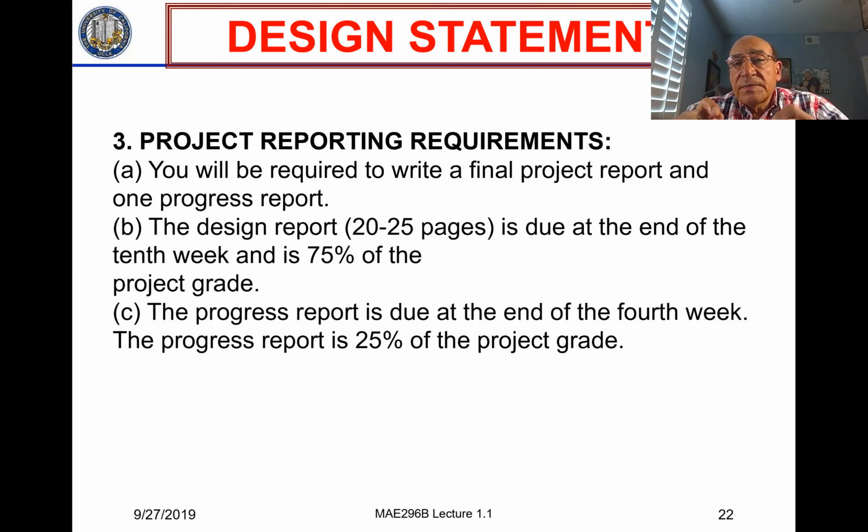We can also use the same template to write a preliminary report once you form your team and come up with a preliminary design, and that is due at the end of the 4th week as a progress report. The progress report is worth 25% of the overall grade of the project, and the final report is worth 70% of the overall project grade.